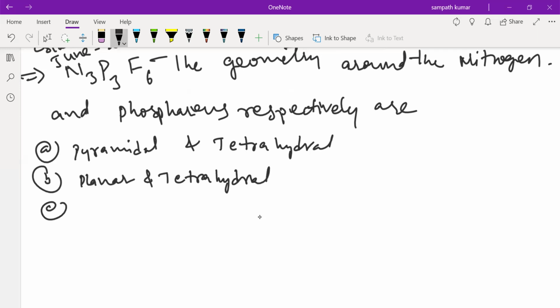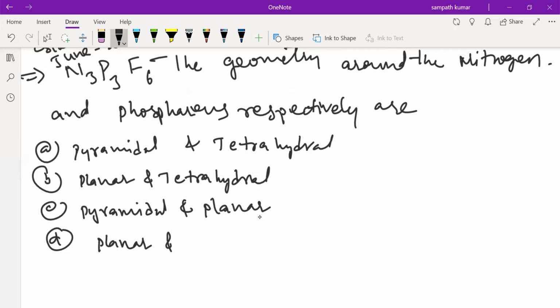C, pyramidal and planar. D, planar and trigonal bipyramidal, TBP.